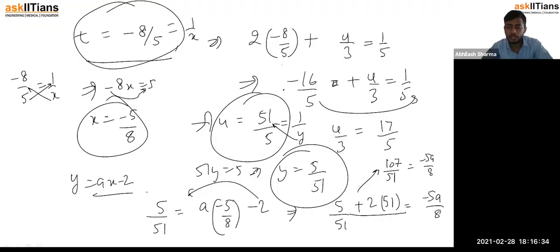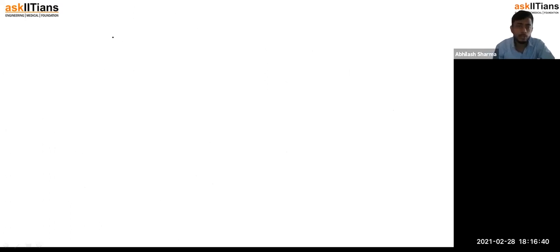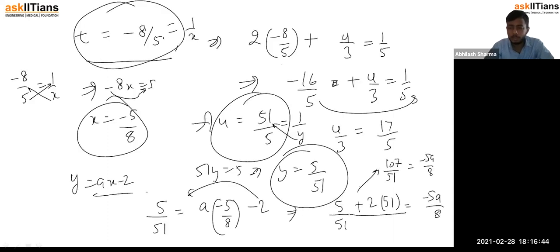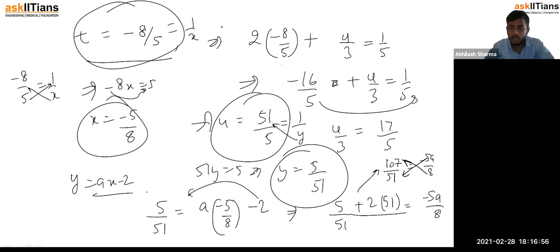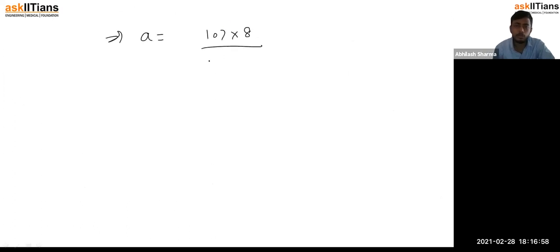Let us simplify this. a will be equal to, cross multiplication we are doing, basically 8 I am sending here, minus 5 I am sending here. So 107 into 8 upon minus 5 into 51.